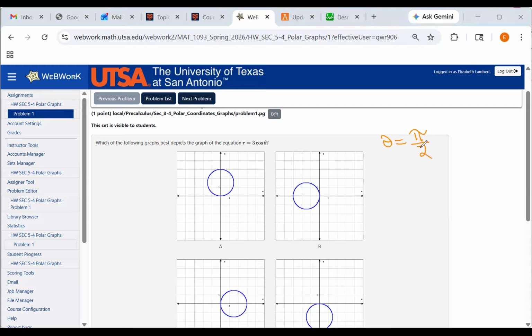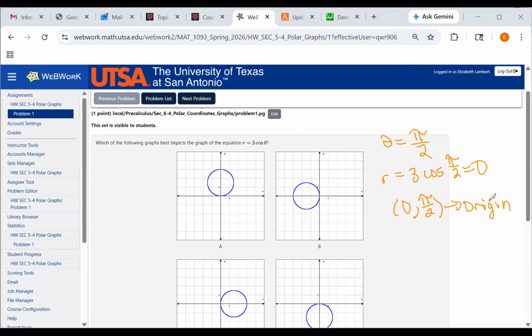So when theta equals pi over 2, r equals 3 cosine pi over 2, which is 0. 0, pi over 2, this is the origin, which is on all of the graphs. So pi over 2 didn't help us distinguish the graphs.